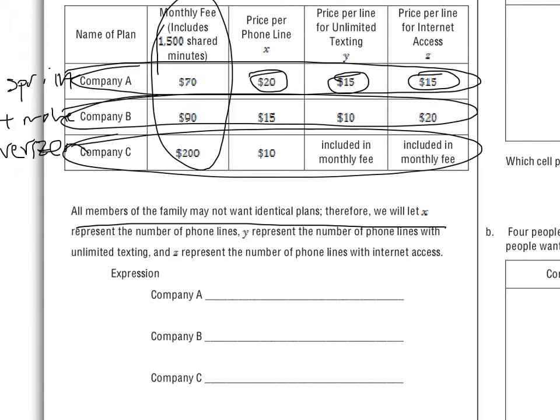So I will help you out with the first one. It's going to cost $70 no matter what. So $70 is our starting point for company A, plus $20 per line. So that's $20 times however many lines there are. Additionally, we have $15 per line of unlimited texting, so that's $15 times however many lines we decide need unlimited texting.